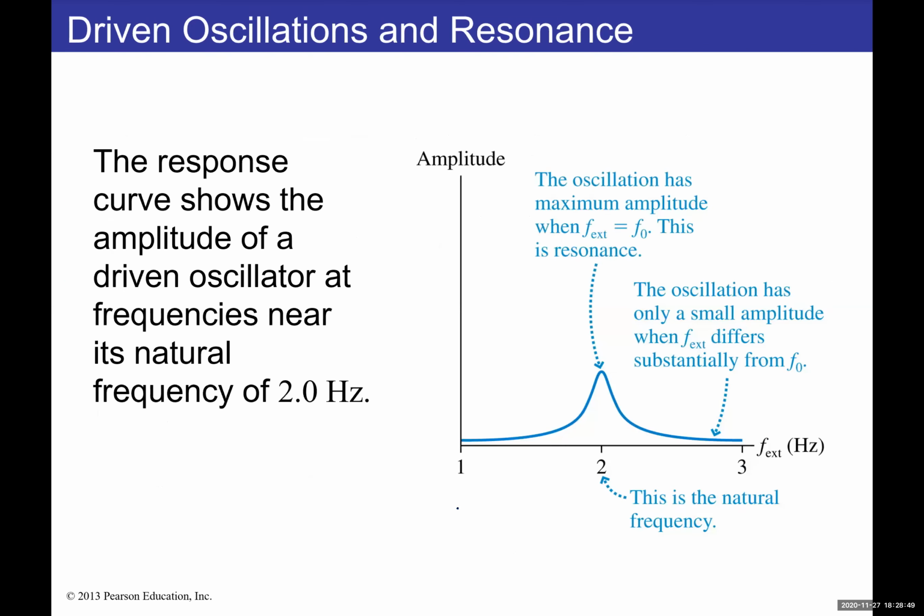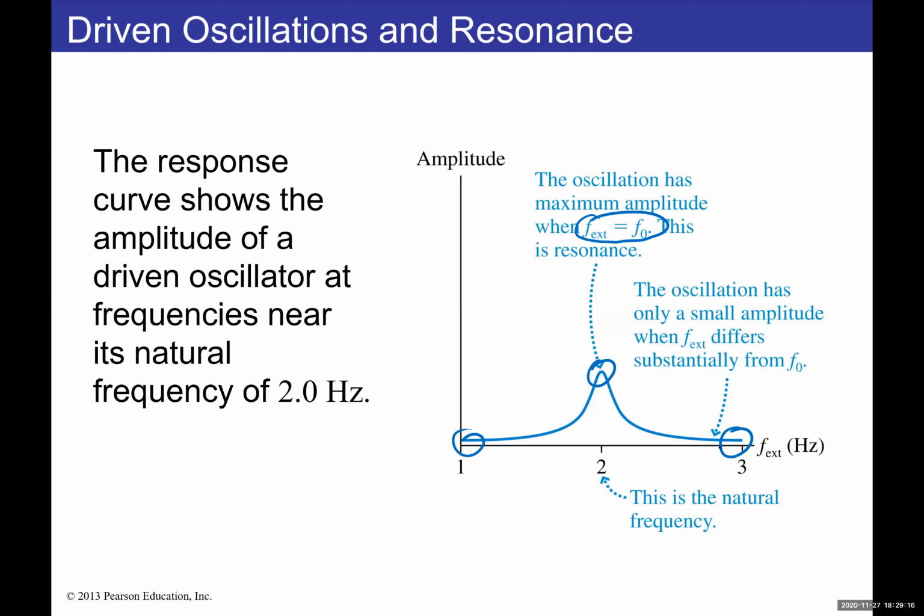So this is known as a resonant frequency. The response curve shows the amplitude for a driven oscillator at frequencies near its natural frequency. You can see at the peak here, it represents the oscillation having maximum amplitude when those two match each other. This is known as resonance or a resonance frequency. At the resonant frequency, the system oscillates at much higher amplitude.